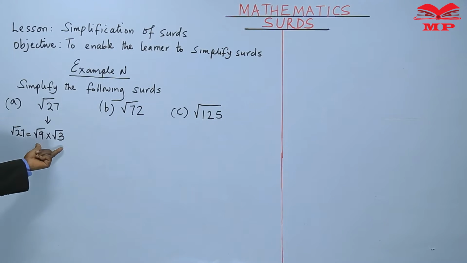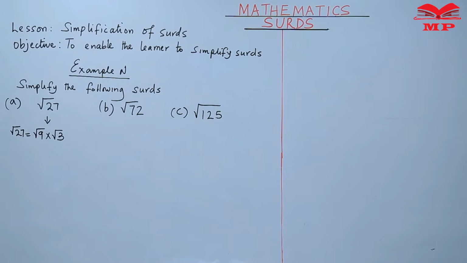But learner, you discover 9 has a square root. So this will work to 3 square root of 3. And that is the simplified form of that surd.